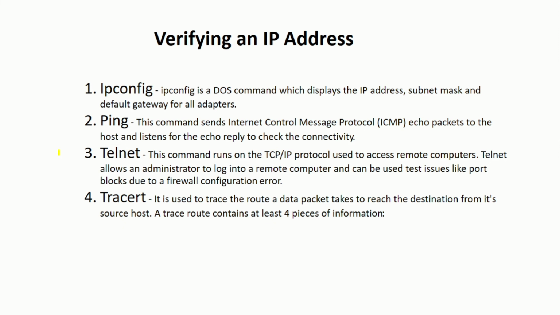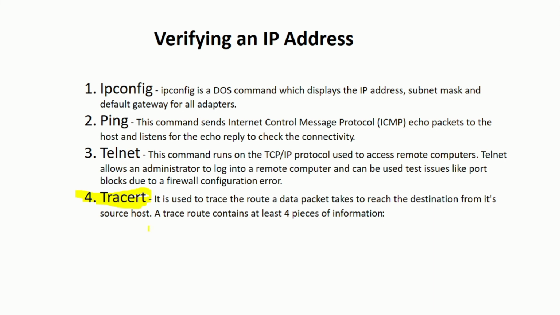Now TRACERT, how to trace the route of any host. It is used to trace the route a data packet takes to reach the destination from its source host. A trace route contains at least 4 pieces of information.